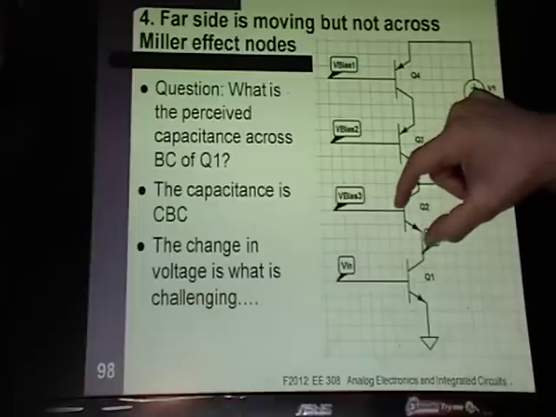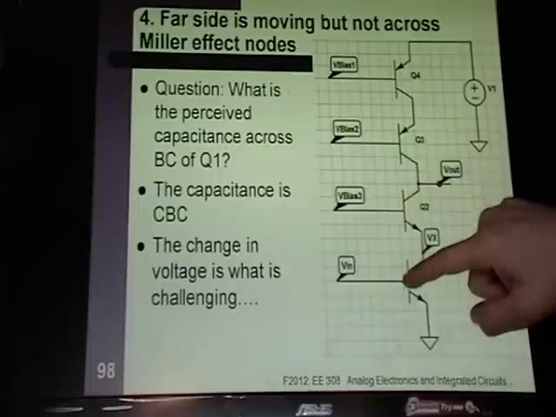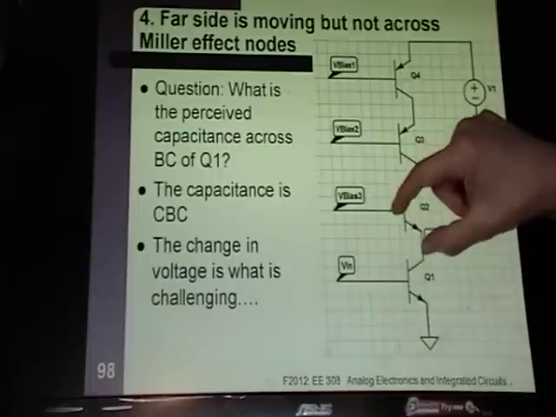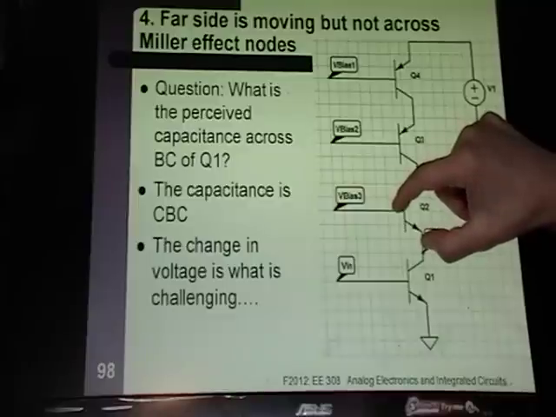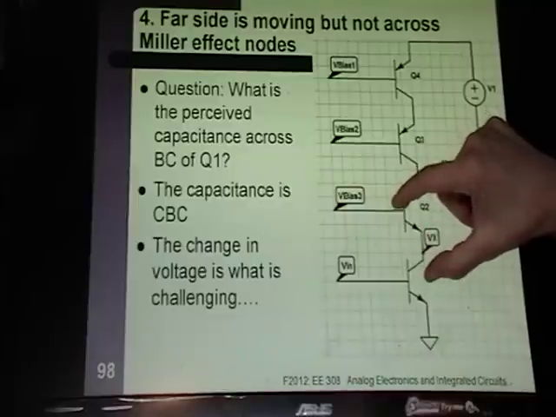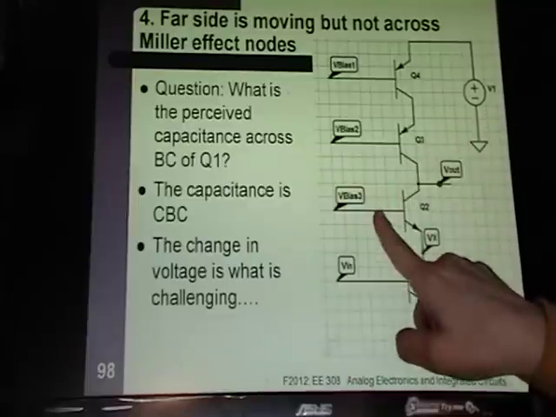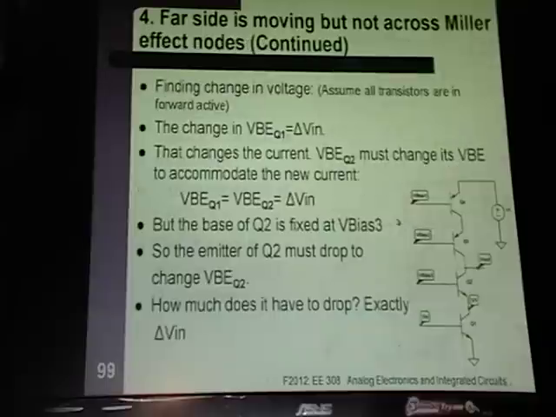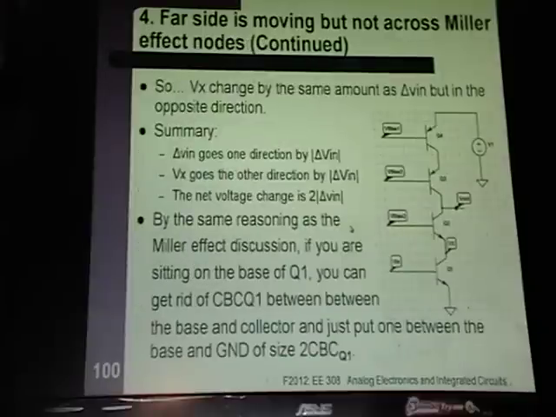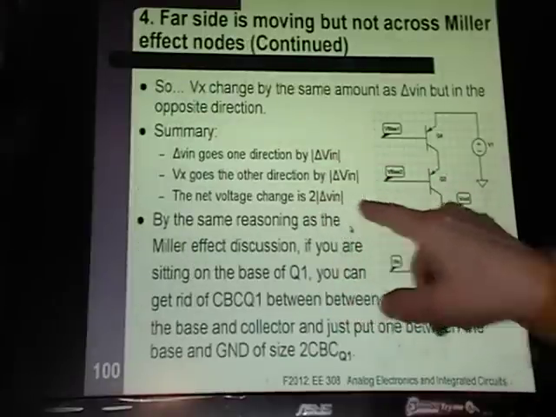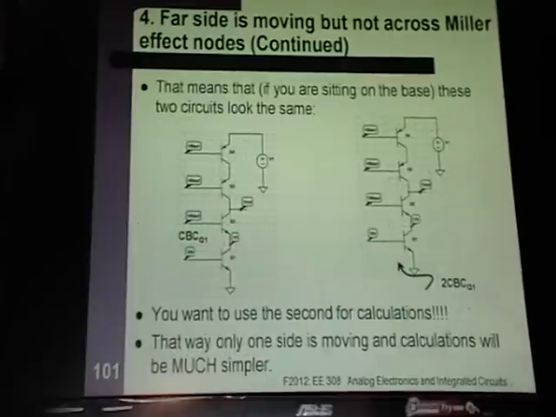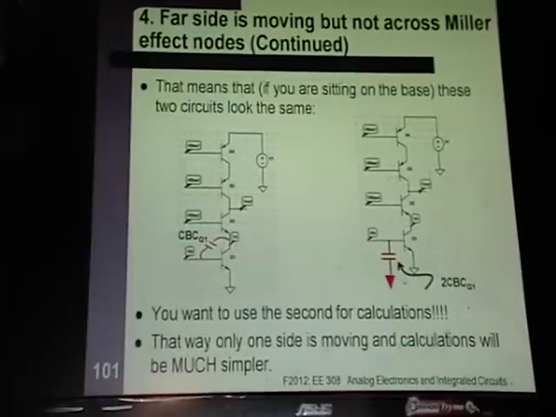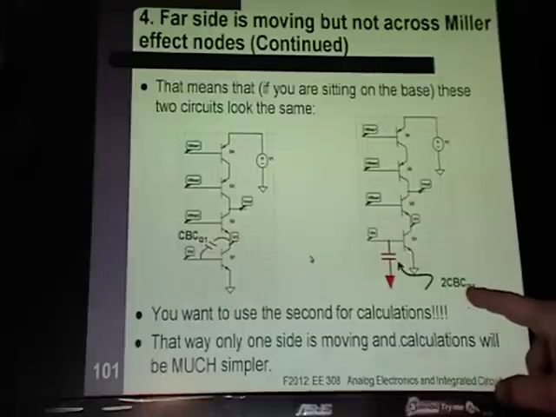If this goes up by delta V, this VBE has to change the same amount, and since this is fixed, VE has to move down by delta V. So Vn goes up by delta V, Vx goes down by delta V, and you get a net change of 2 delta V. What that says is, if you had a capacitance there, you can remove it, put it down there, and your new value is 2 CBC.